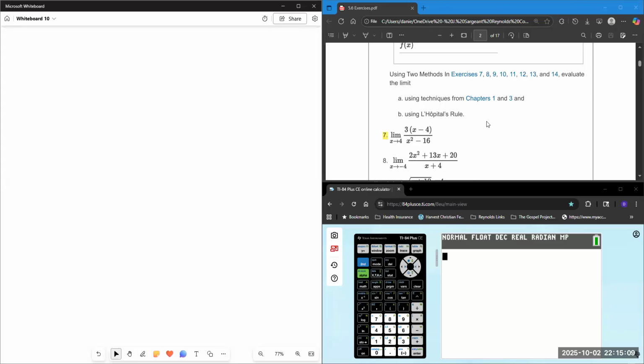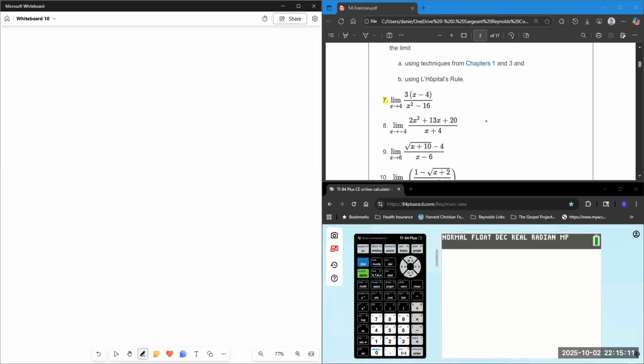So let's go ahead and start with number 7. It asks us to evaluate this limit 2 different ways. First with our old techniques, and then with the new technique of L'Hopital's rule.